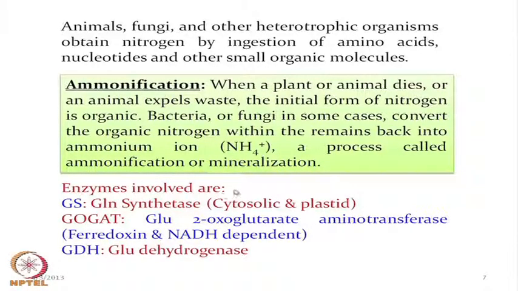So, for this particular reaction, since we have some delicate reactions in this case, several enzymes are involved. One is the corresponding GS, which is glutamine synthetase, and the GOGAT, the glutamine 2-oxoglutarate amino transferase. So, this is the amino group transfer reaction, which is definitely dependent on ferredoxin and NADH. These are the biological reduction equivalents.